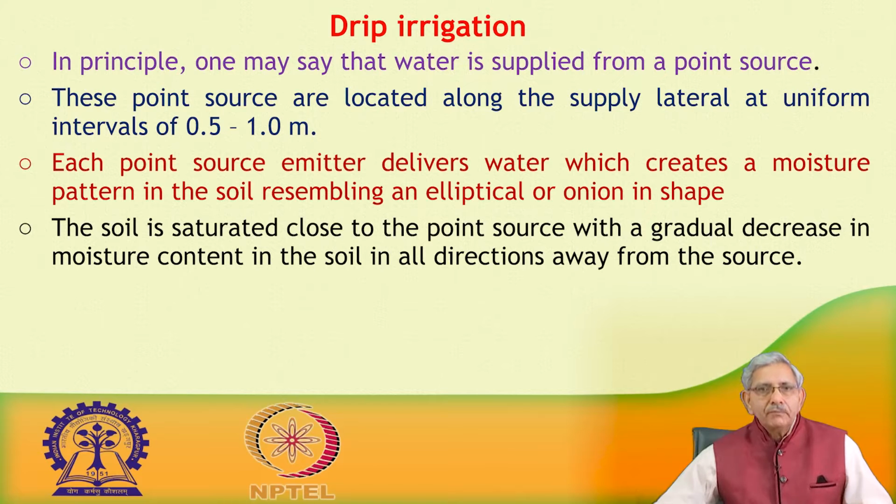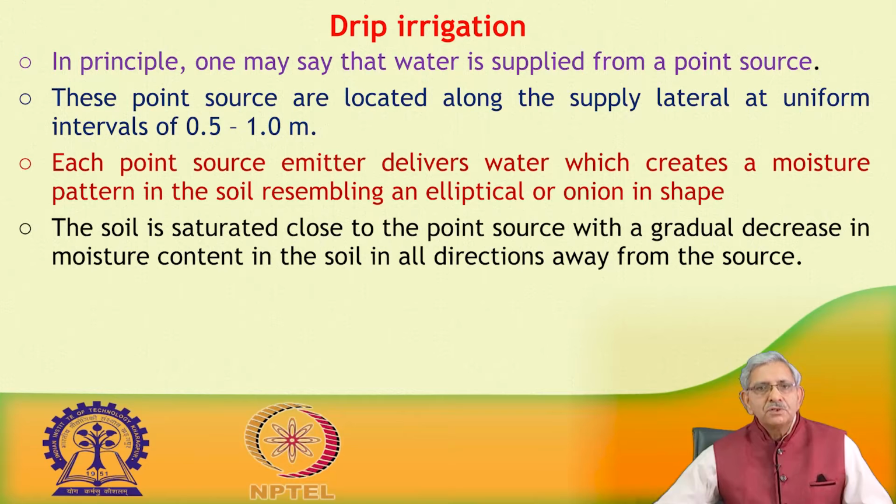Now, in drip irrigation, in principle, one may say the water is supplied from a point source, and these point source drip emitters are located at uniform intervals. That will depend upon the crop spacing, meaning plant to plant and row to row spacing, but normally at an interval of 0.5 meter to 1 meter.